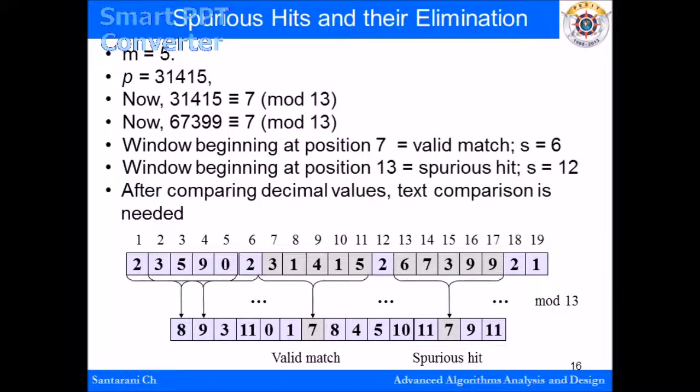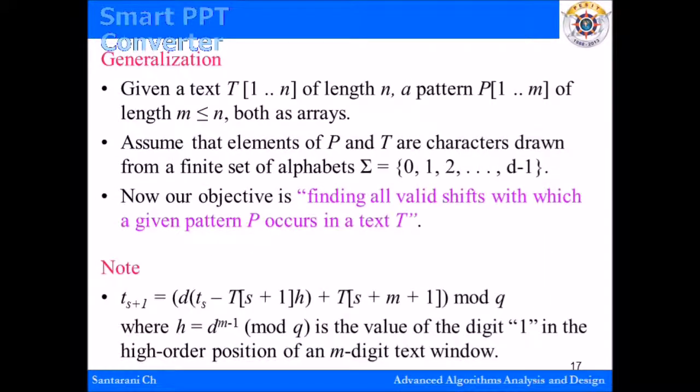Now 31415 is equivalent to 7 mod 13. Hence it gives the right answer. The window begins at position 7, and the valid shift is equal to 6, as shown here. Now this is generalizing the above algorithm.